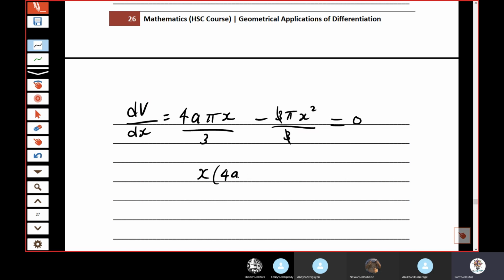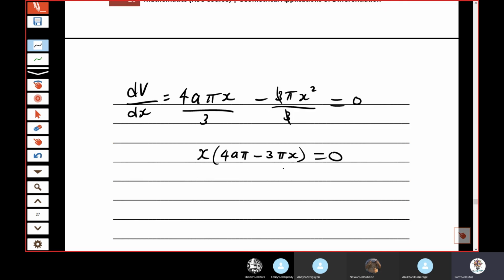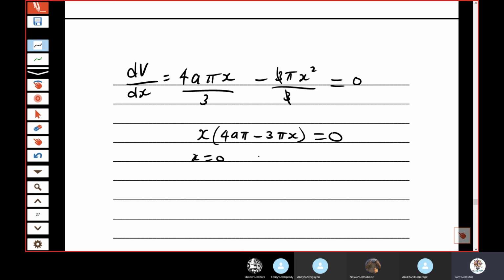So 4a pi minus 3 pi x equals 0. Is that cool? If it's too quick, you do it your own slow way, it's fine. x equals 0, or 4a pi equals 3 pi x. Get rid of the pi, divide by 3 as well. x equals 4a on 3.